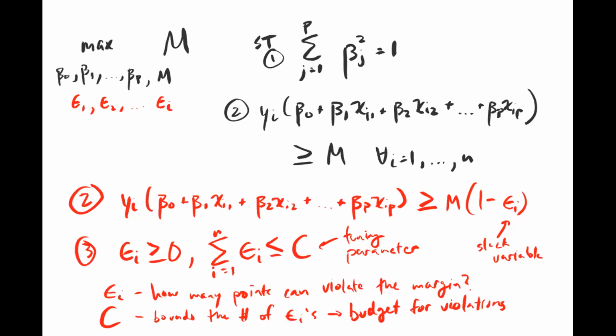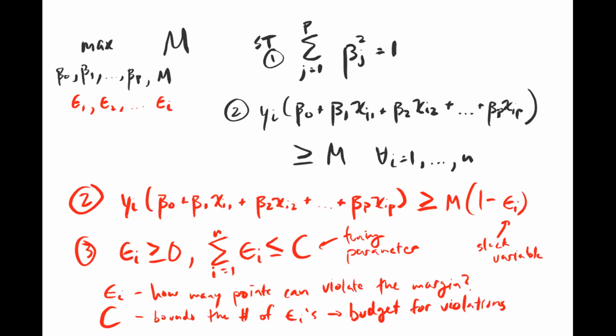If C is really small, or actually if C is equal to 0, then it's essentially saying that you are not allowed to have points in the margin. And that will end up making it the same as the MMC.